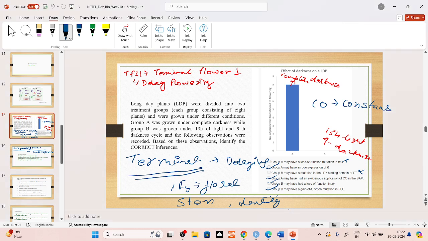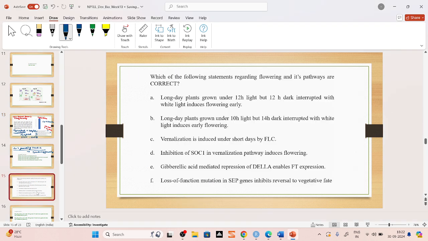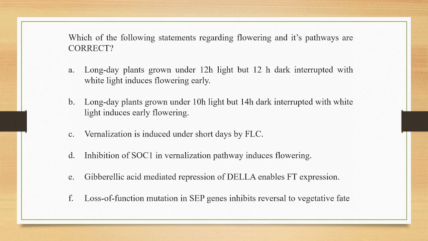Now we'll move to the next question. Next question is, which of the following statements regarding flowering and its pathways are correct? Long day plants grown under 12 hours light but 12 hours dark interrupted with white light induces flowering early.